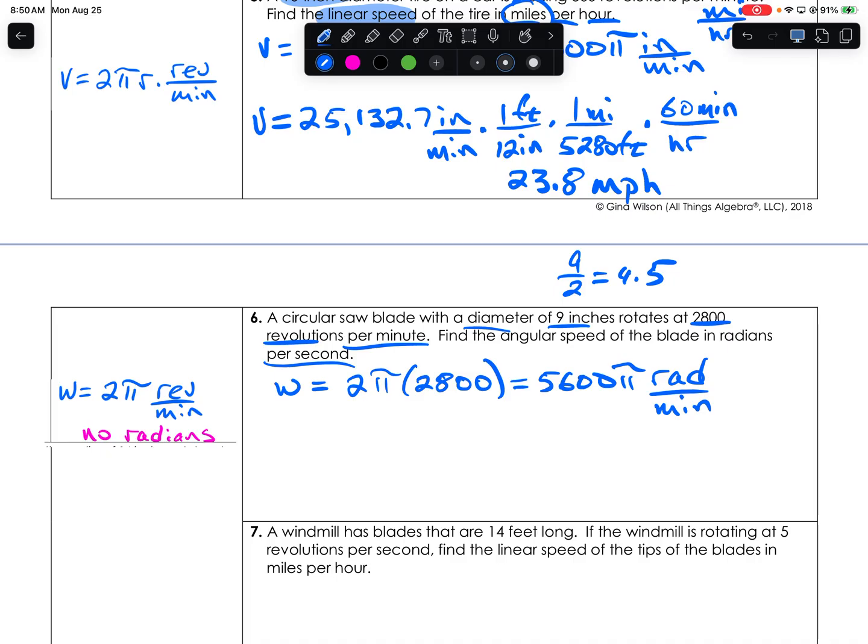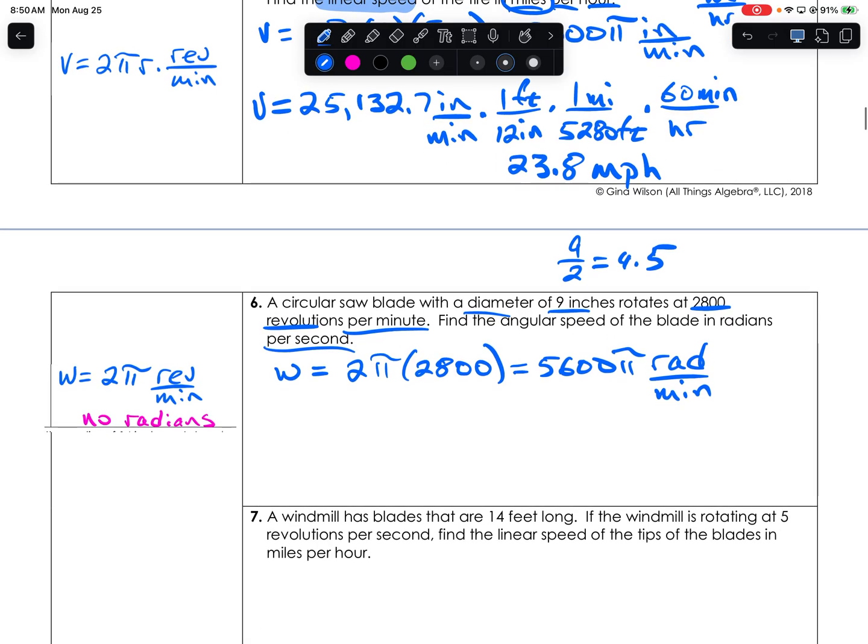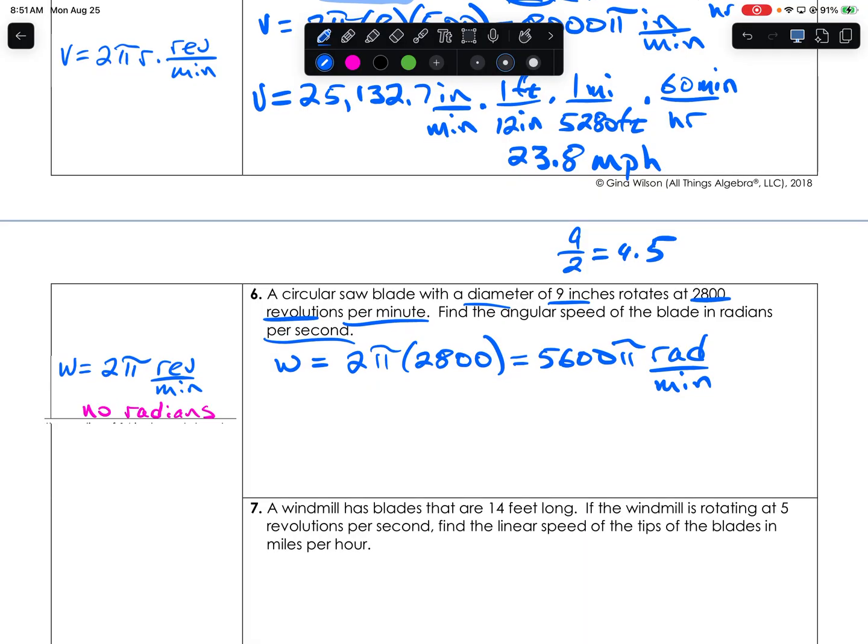We good? Okay. So then we're just going to multiply that up and then do the little conversion to seconds. So 5,600 times pi is 17,592.9. And that's in radians per minute. I'm not writing the diagonal divide, right?